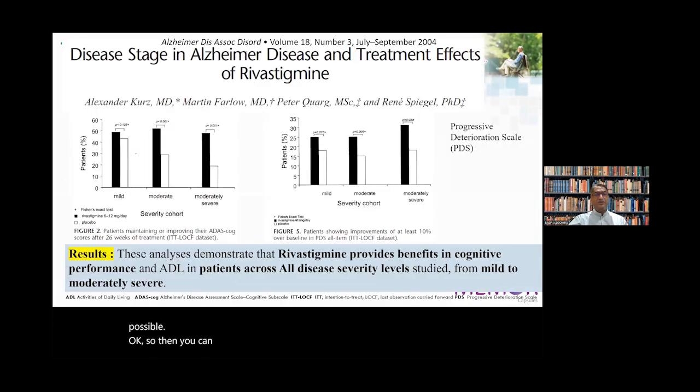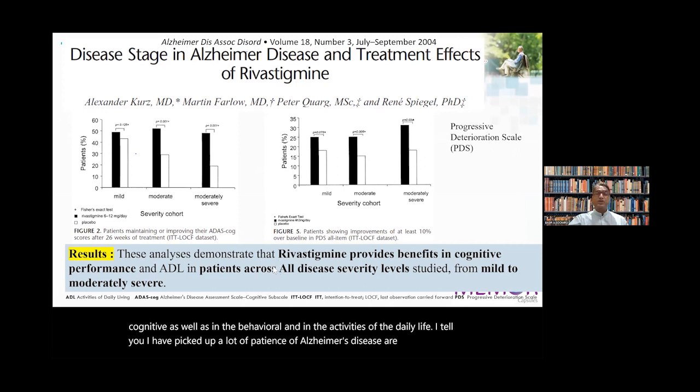And these are a few results of rivastigmine, which benefits cognition, behavior and activities of daily life. I have picked up a lot of patients with Alzheimer's disease or diffuse Lewy body disease in early stages, I started them on treatment, and their progression has been halted for years.